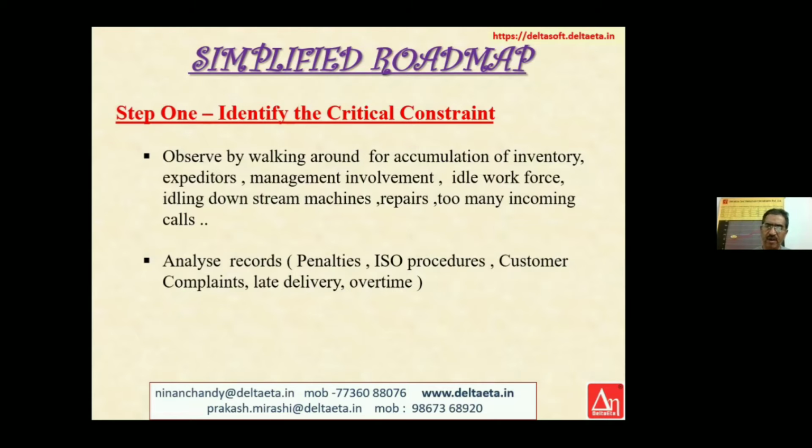Maybe something says 5 days is the right time to do a thing, but do you require 5 days? Maybe you can do it in 3 days. Or 5 days was written when fax was the mode of communication. Today email is going in a jiffy. So you can cut short that 5 days to 2 or 3 days. Where there are customer complaints, late delivery, overtime, this is all where you find that there's a constraint.